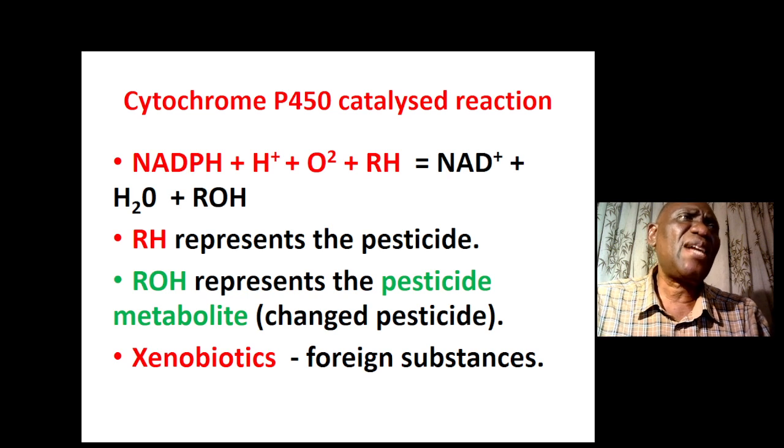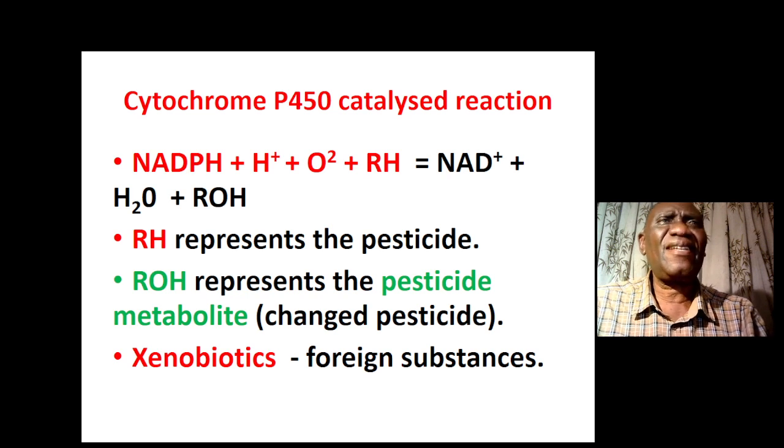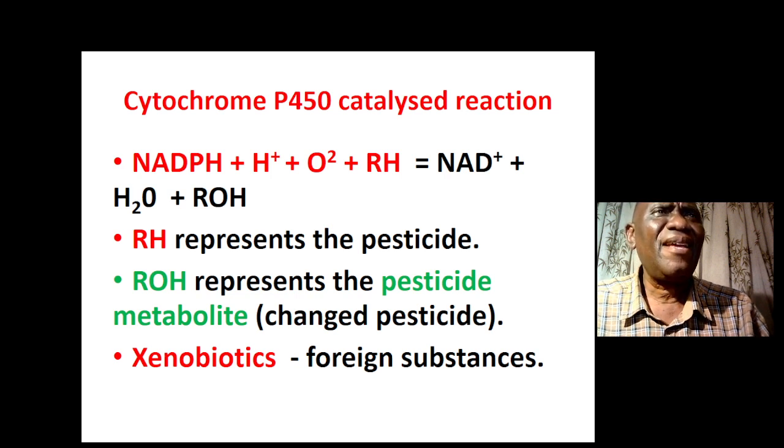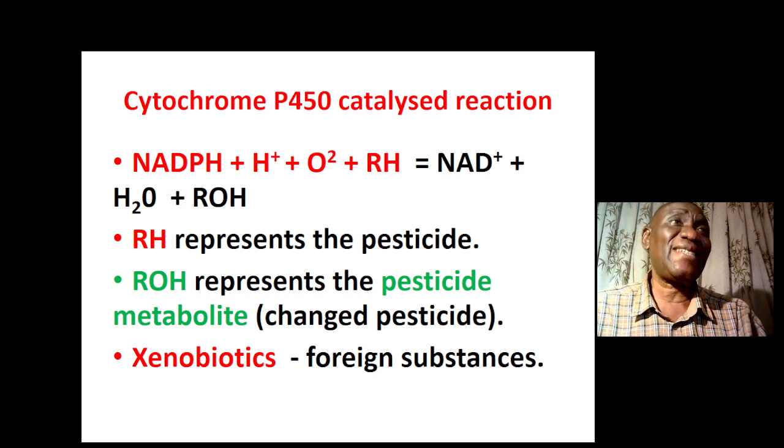We have got what are known as xenobiotics. This can be just foreign substances which can enter the organism, which we call a pest, and it can be acted upon by cytochrome P450.